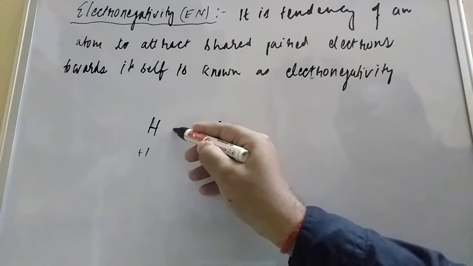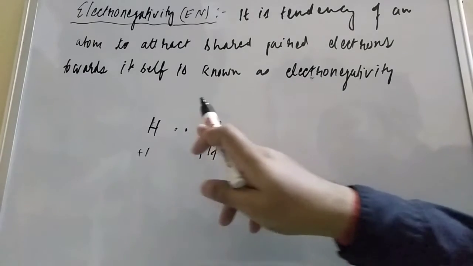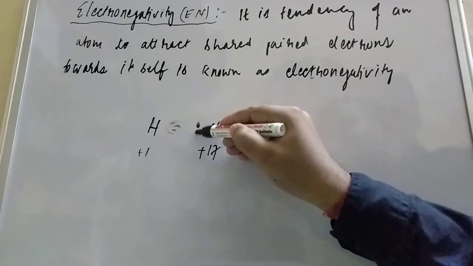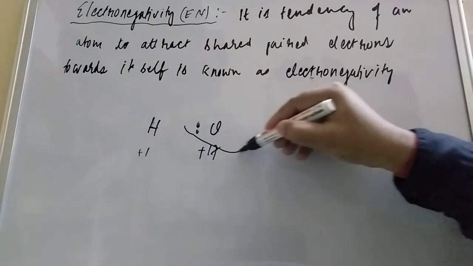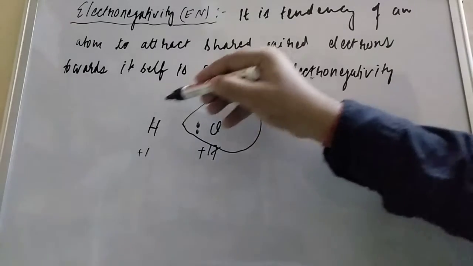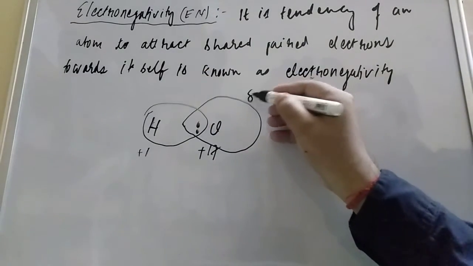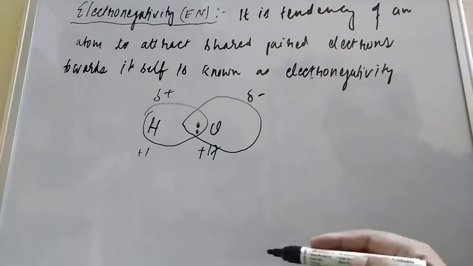The 2 shared electrons will be attracted by the chlorine atom and come near to it, so the bond is formed like this, and the hydrogen atom has the least electron density. As a result, it acquires a partial positive charge and chlorine a partial negative charge.